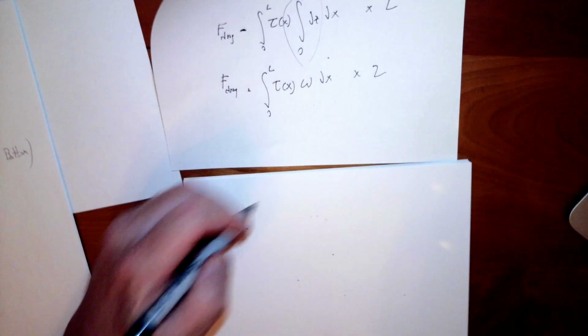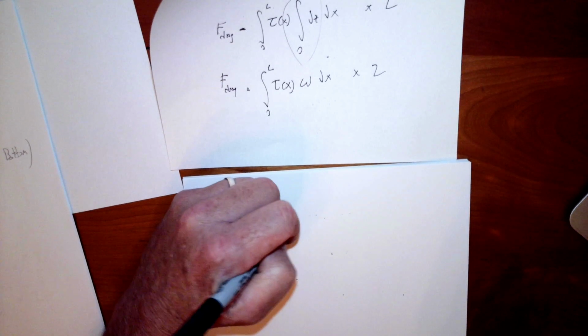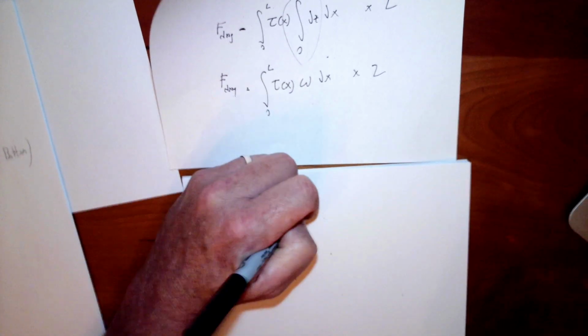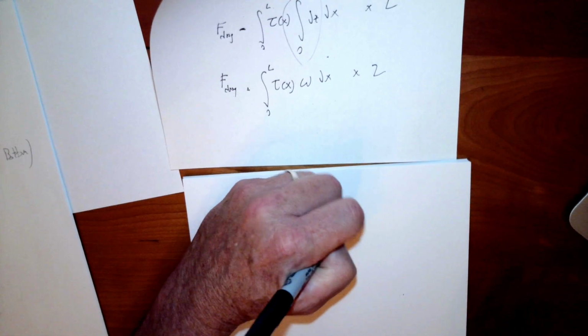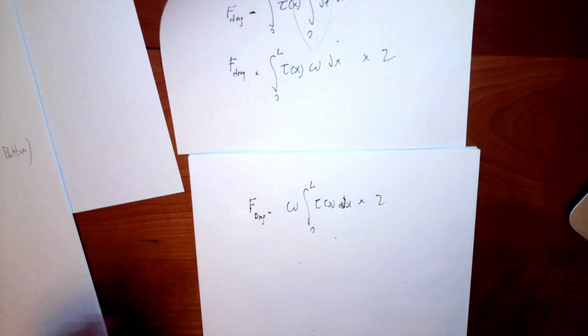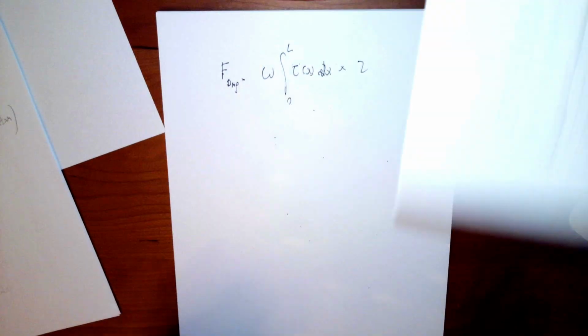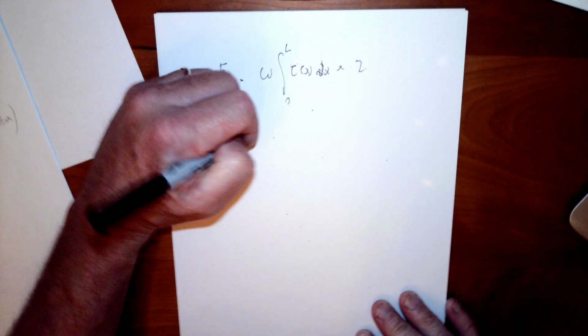So I can say that the total drag force is equal to w times the integral from 0 to L of this tau of x dx, times 2. All right, so that's nice. So pretty simple. And now I'm going to plug in my expression. As we said, tau of x, we have an expression for that.